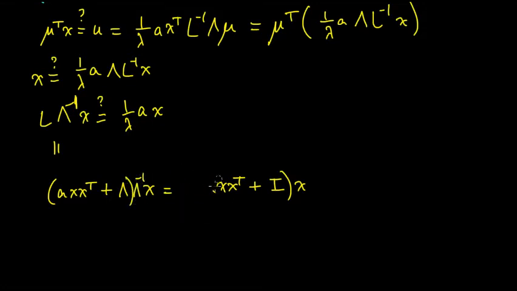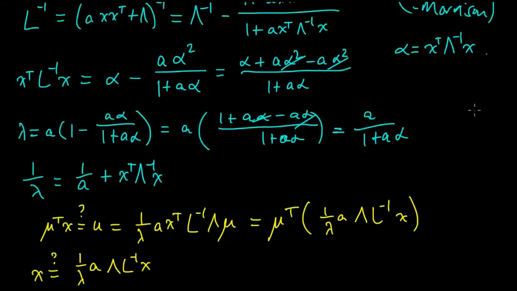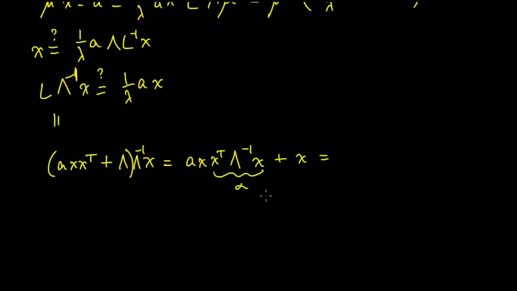And we get a x transpose lambda inverse x plus x. And this was our alpha thingy here. I think that was alpha, wasn't it? Yep, that's alpha. So this is a alpha plus 1 times x.